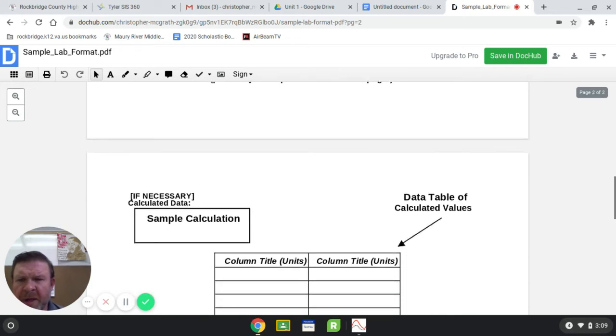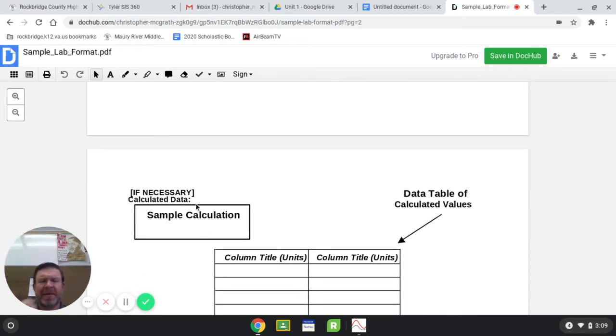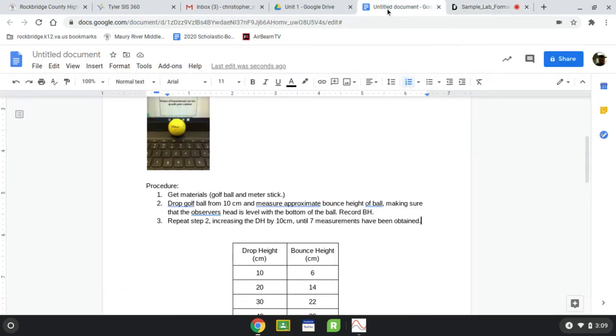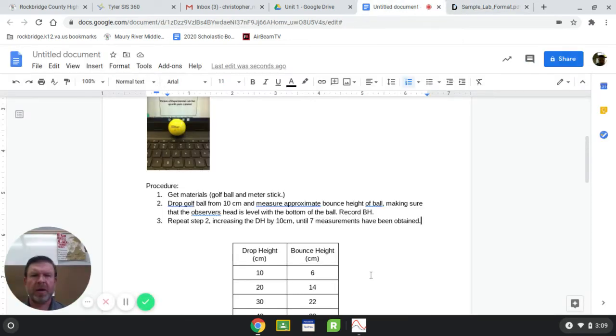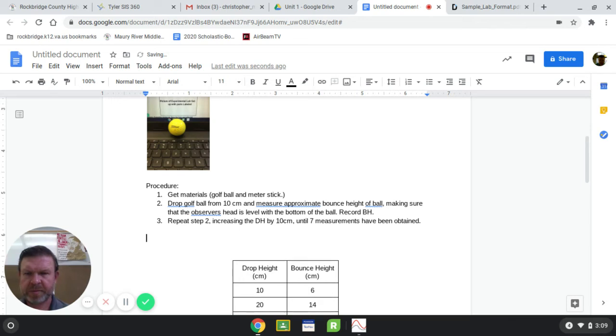Need my raw data. Now, if you look at this little template here, there's a place for raw data, and there's also a place for calculated data and a sample calculation. And what the heck is that about? Well, we're not going to do that in this lab. We're not going to do that for a while. So right now I'm going to just punt on that, and we'll talk about it when we need to.